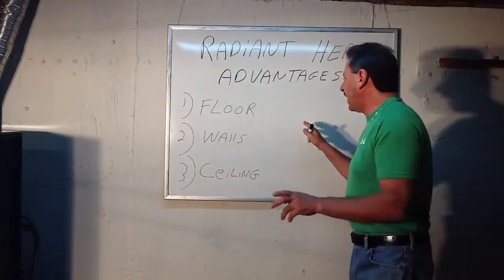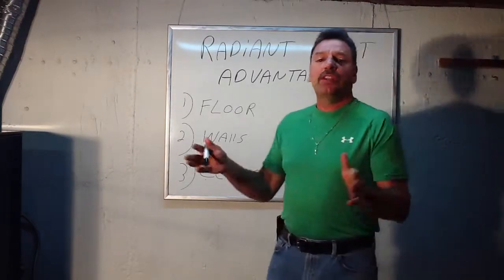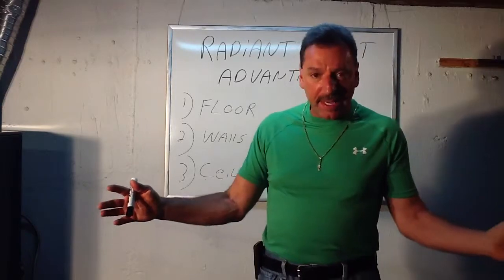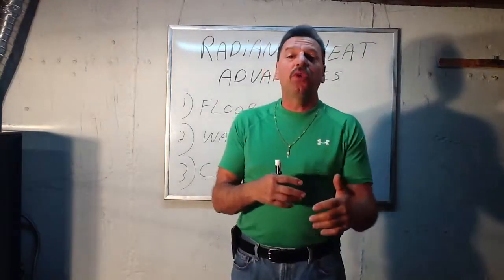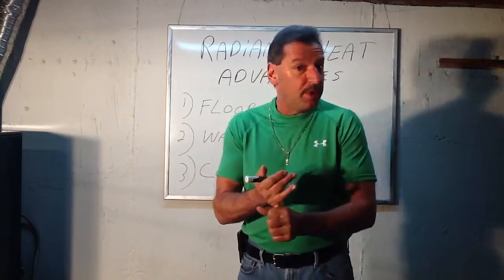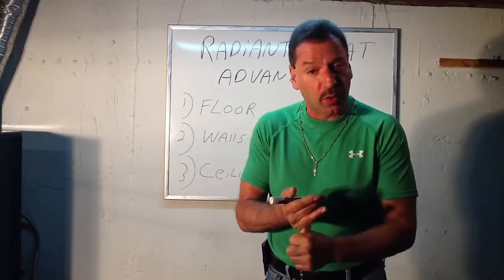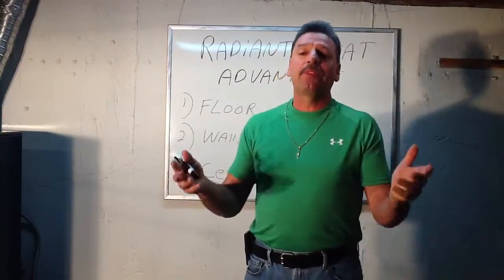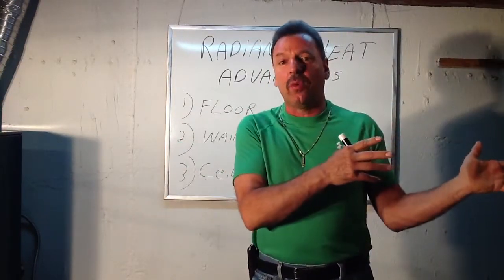Basically with radiant heat, you're going to calculate the square foot of the room that's being heated and the BTUs necessary for that square footage, usually between 20 and 30 per square foot. And that's how you're going to calculate that. And that's going to come up depending on what was lost out the walls.